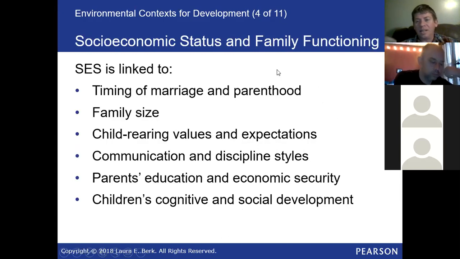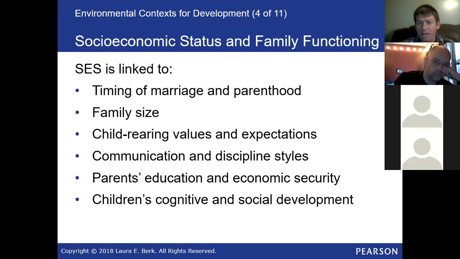These are linked to the timing of marriage and parenthood. Typically, we get married later and have children later. It's linked to the family size. Typically, they are smaller in number. It's linked to child rearing values and expectations, communication and discipline styles.